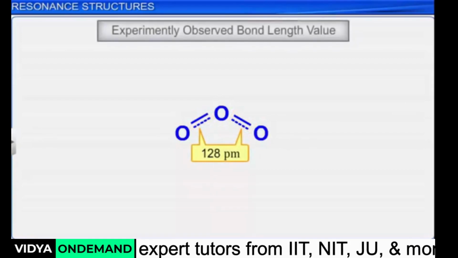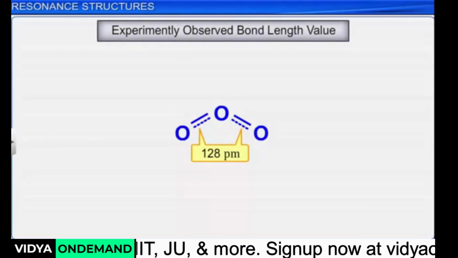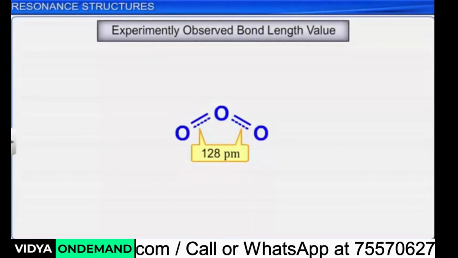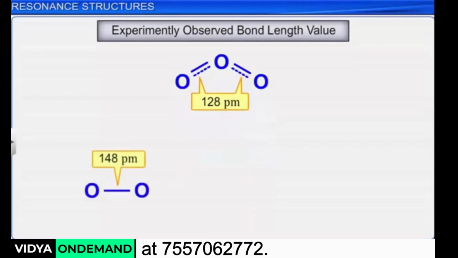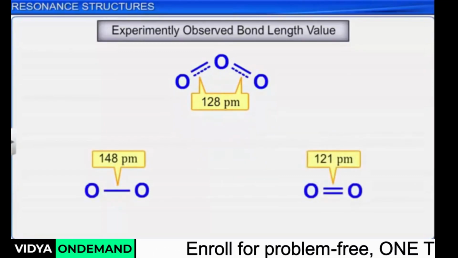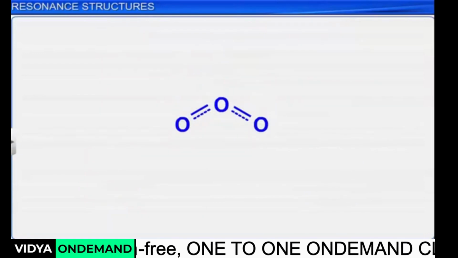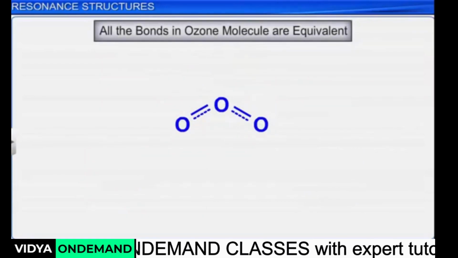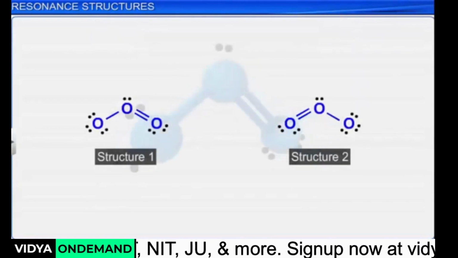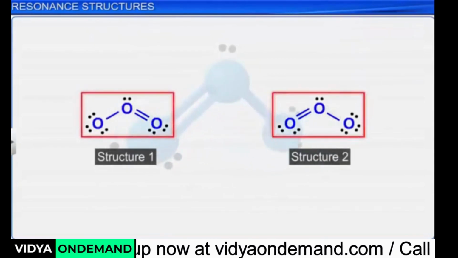This implies that the bond length between the oxygen atoms in the ozone molecule is intermediate between an oxygen-oxygen single bond and an oxygen-oxygen double bond. It means that all the bonds in the ozone molecule are equivalent. Therefore, neither structure 1 nor structure 2 explains the observed bond length.